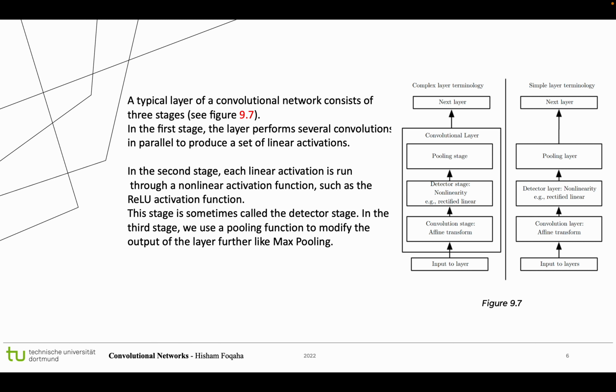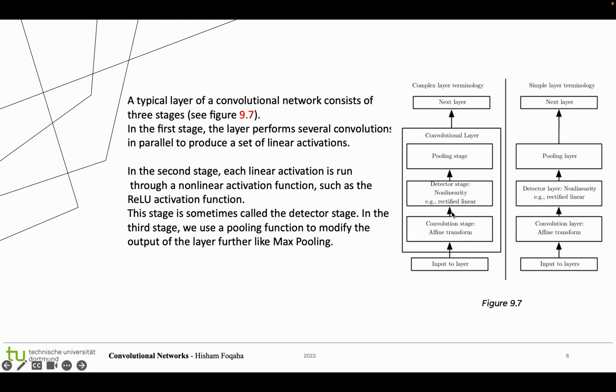We have this figure on the right. A typical layer of a convolutional neural network consists of an input layer and a convolution layer, then a nonlinearity function, for example ReLU, and then we apply this output to the pooling layer. And we're going to repeat it several times. In the first stage, the layer performs several convolutions in parallel to produce a set of linear activations.